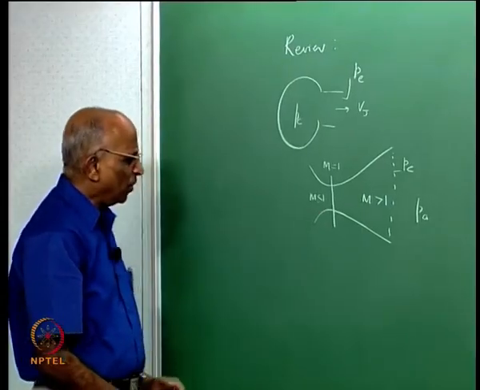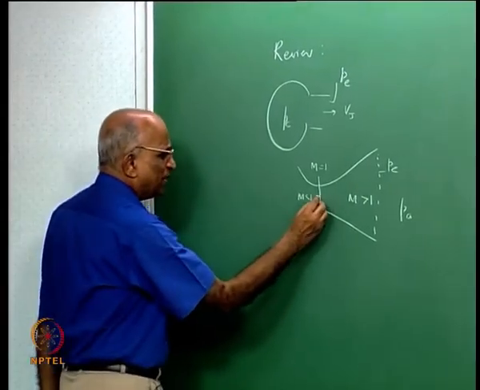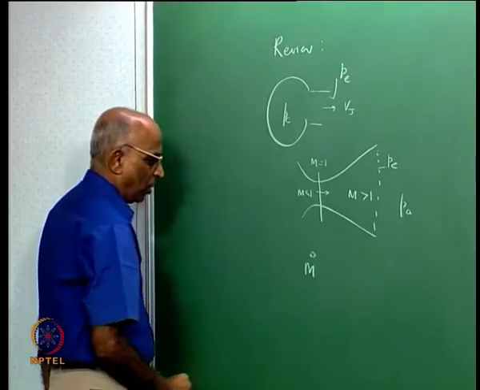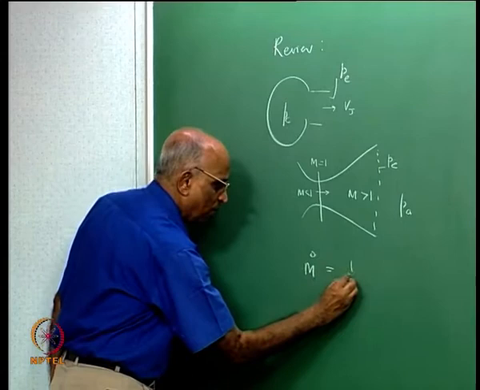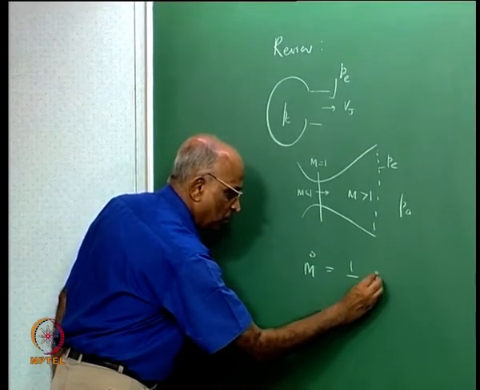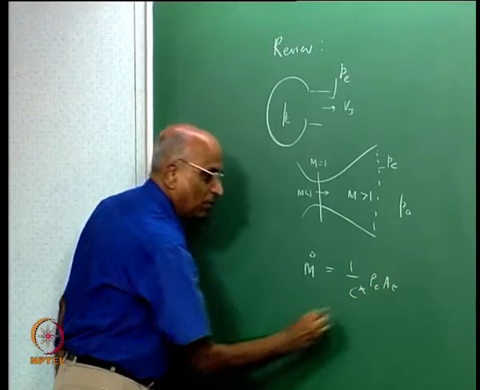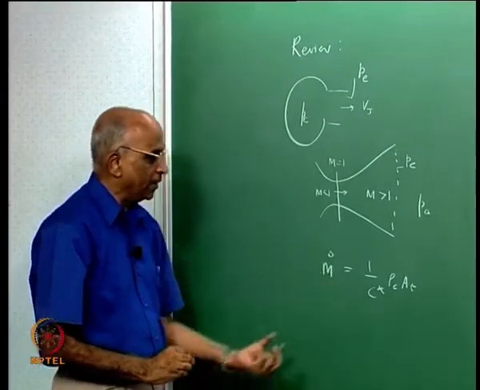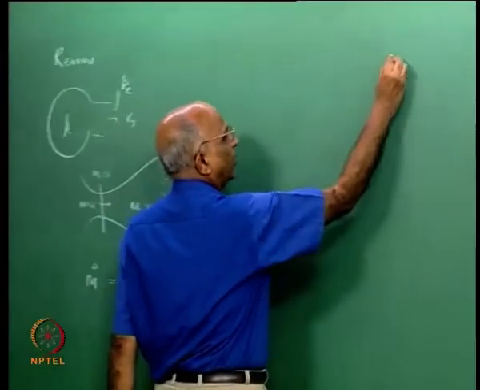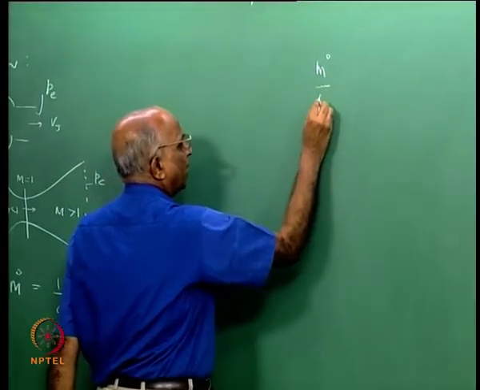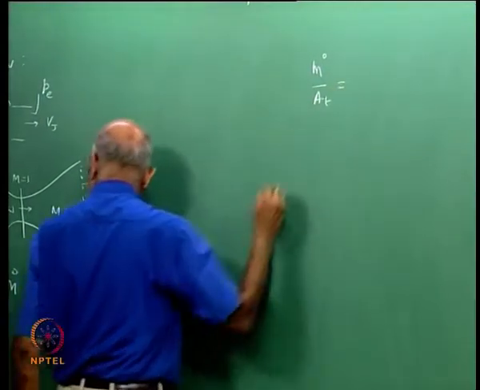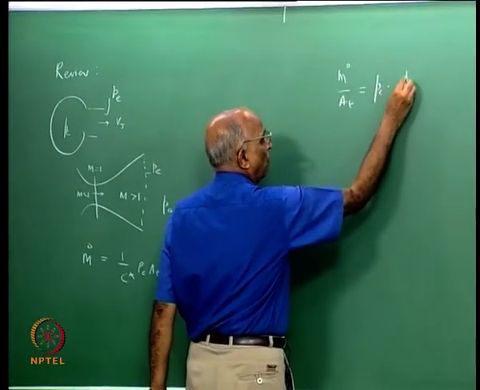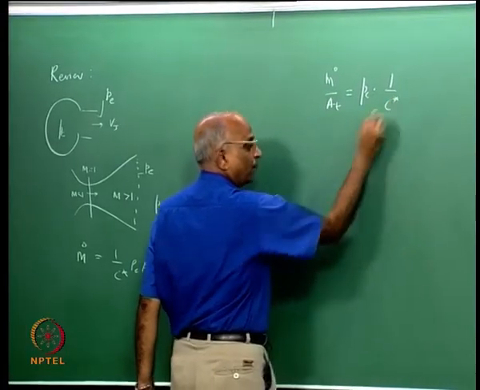After this we also took a look at what is the flow through the nozzle. In fact, we got an equation: m dot is equal to 1 over C star into Pc into At was the flow, and we got an expression, say m dot by At, let us write it down. m dot divided by At was equal to, if I write this as the chamber pressure Pc into 1 over C star here.